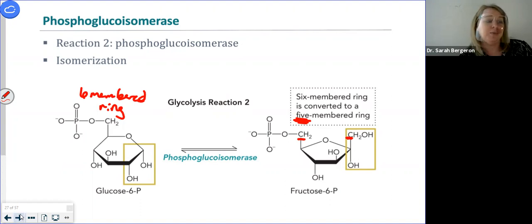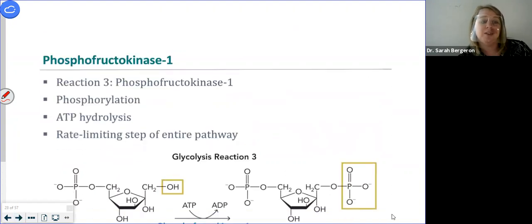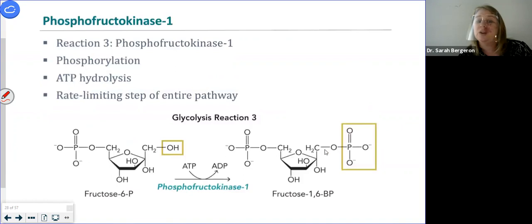The next step that we want to do is phosphorylate that carbon 1, right? Now we have basically a mirror image, right? You could cut it down the middle and it looks like a mirror image. Both carbon 1 and carbon 6 are now phosphorylated.